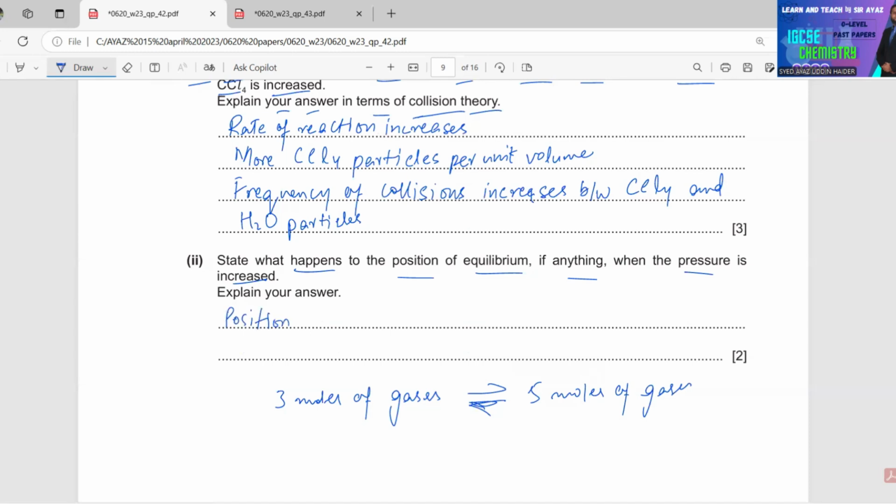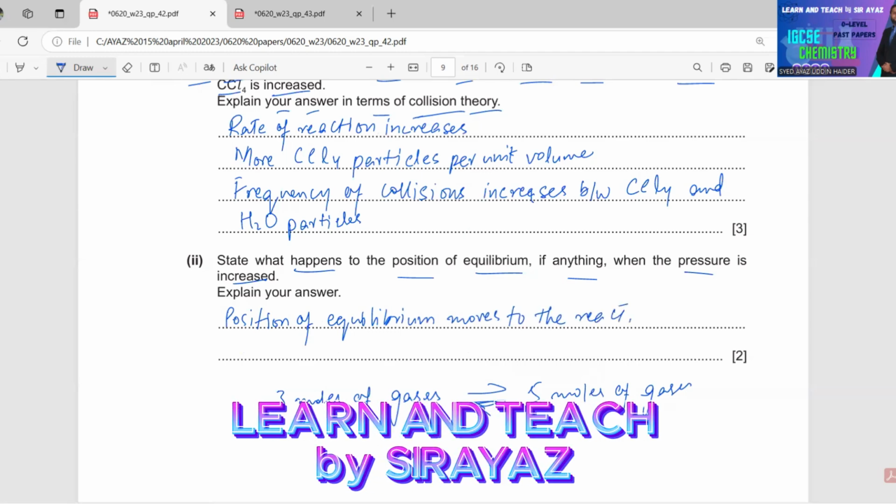Position of equilibrium moves to the reactant side.